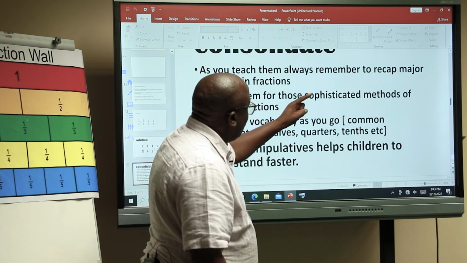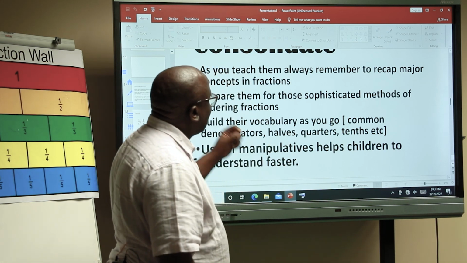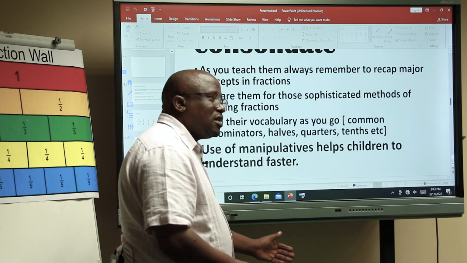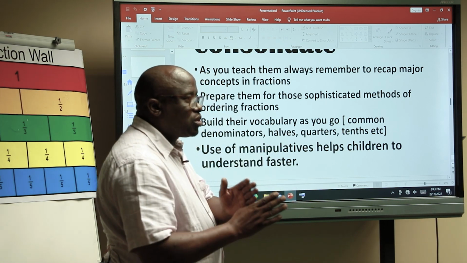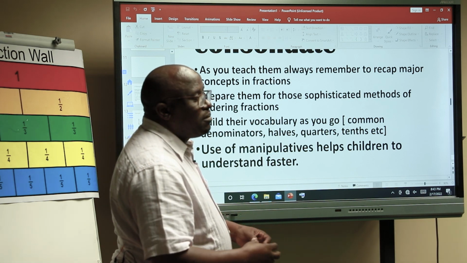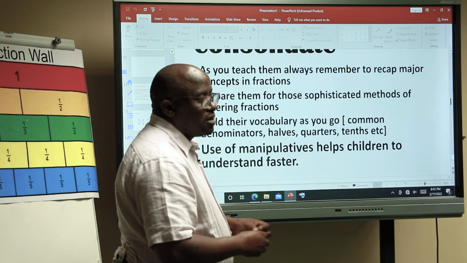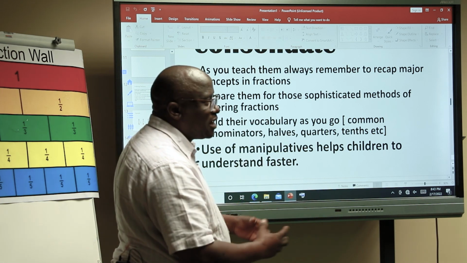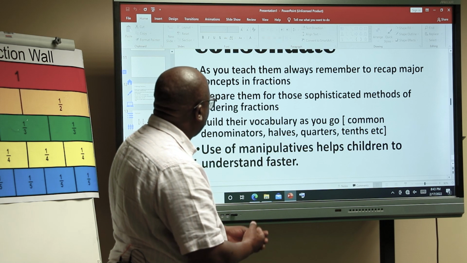As you teach them, always remember to recap major concepts in fractions. Right from the lower grades, pick the major things in those fractions and remind them. Some of them might even be names, or words, or the vocabulary itself. Just build up that vocabulary.